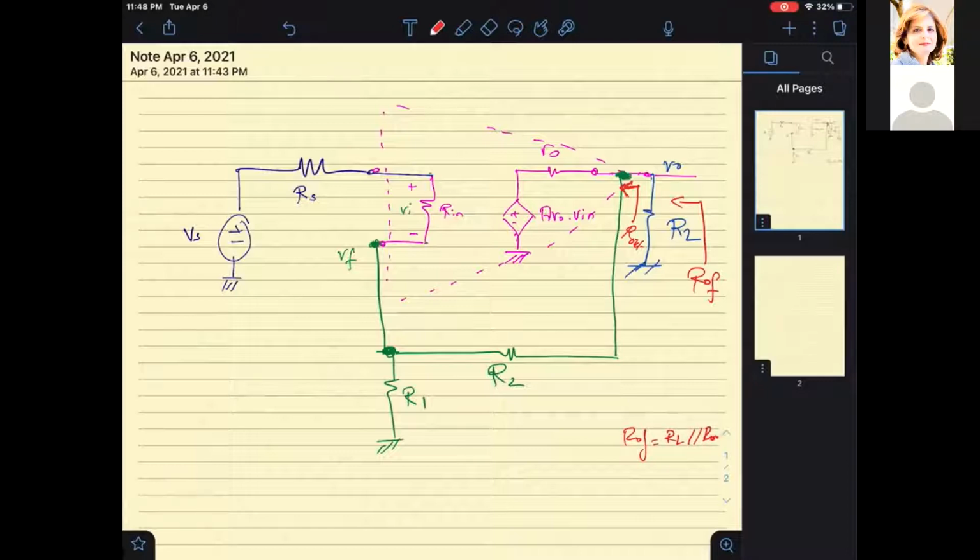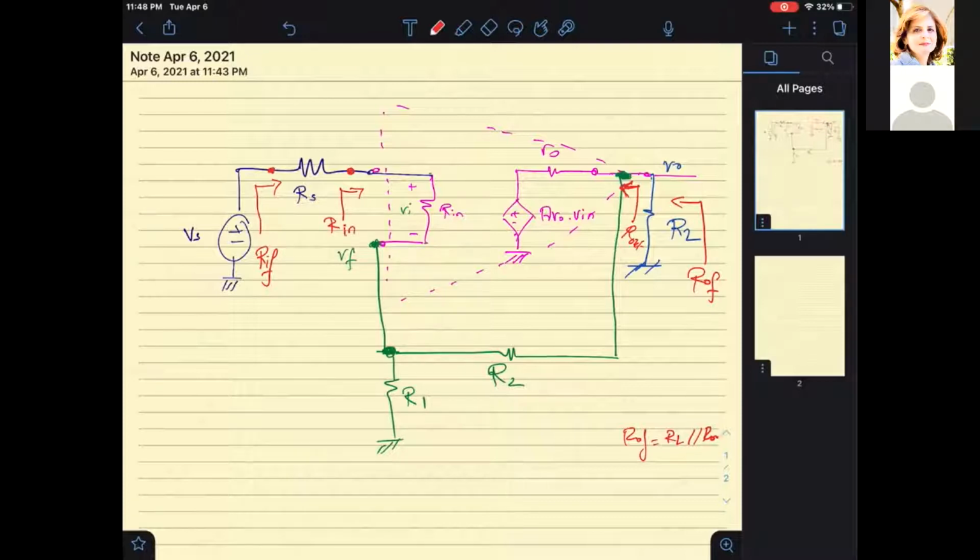And from the input, for the full feedback amplifier circuit, from Vs, I will have RIF, the feedback RIF, and then beyond RS, including the whole blocks A and beta, I will have Rn.